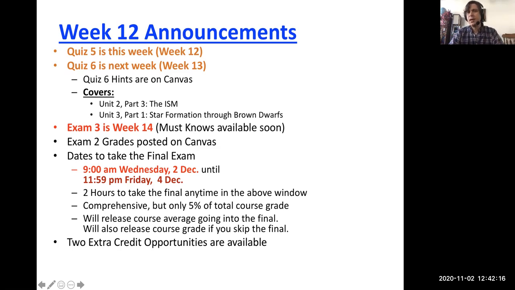It would essentially count as a perfect score, perfect 100 on the final. Or you can take the final, get that 5%, and earn an additional 5% by doing the extra credit opportunities, which is a half a letter grade added to your final grade in this class, which would take that 87 and move it to a 92 if you got plus 5 extra credit points.